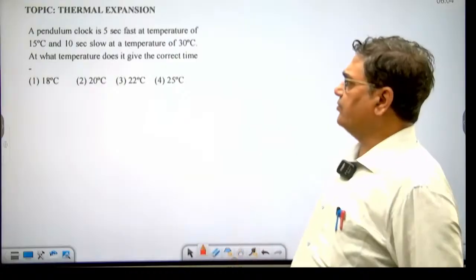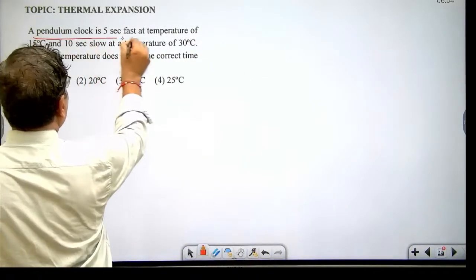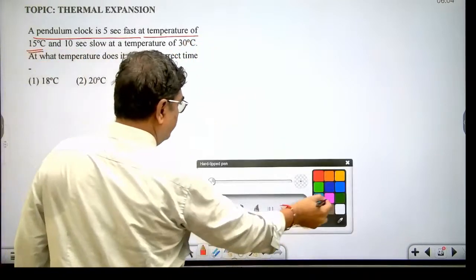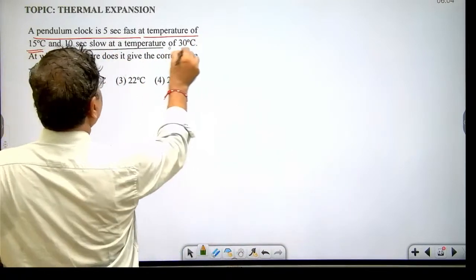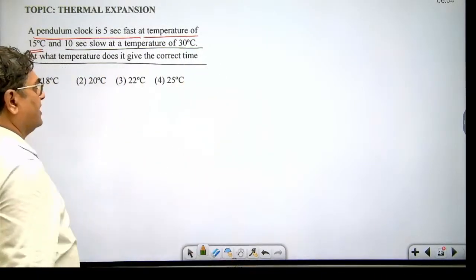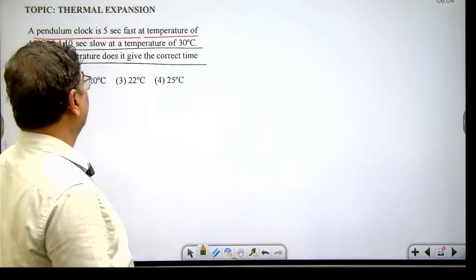This is a very good question for NEET or JEE 26. A pendulum clock is 5 seconds fast at a temperature of 15 degrees centigrade and 10 seconds slow at a temperature of 30 degrees centigrade. At what temperature does it give the correct time? Let us assume at theta degrees centigrade the pendulum clock gives the correct time.